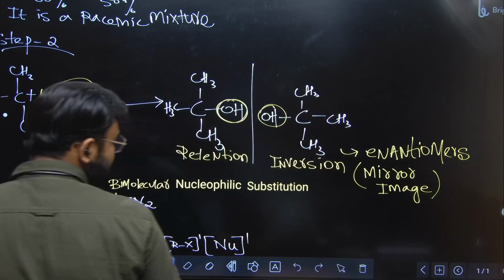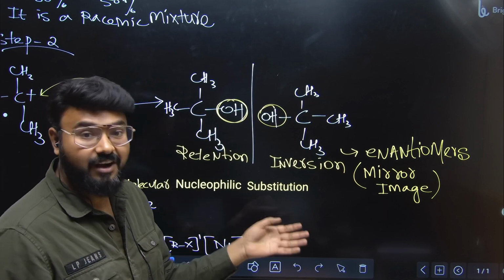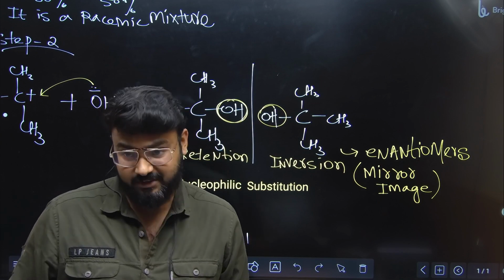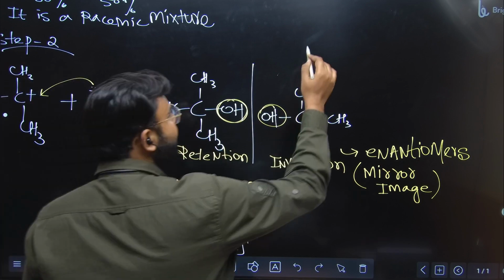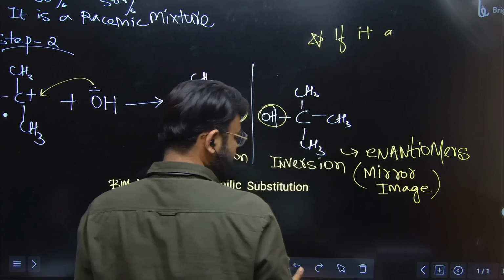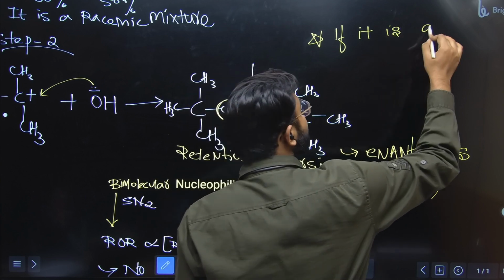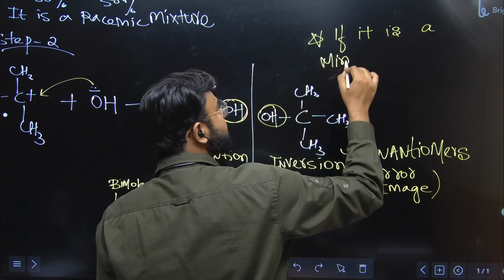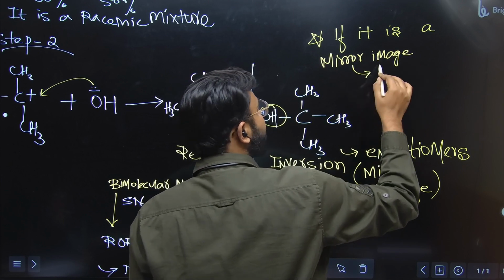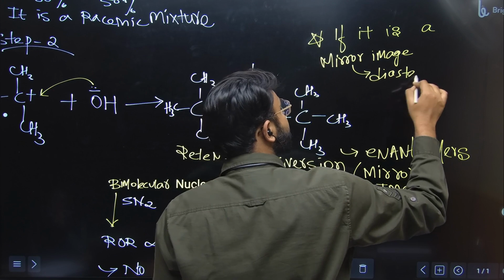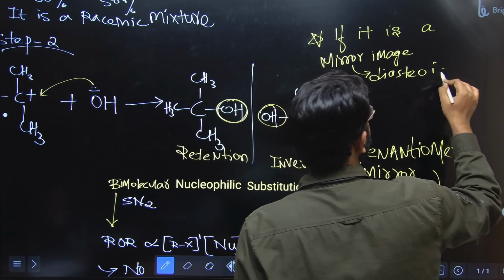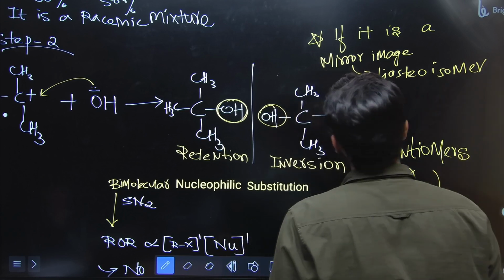Yes, sir. So understand, when it is not a mirror image, then you call them diastereomers. What do we call them? So I'll write it here. If it is not a mirror image, then we call it diastereoisomer, okay?